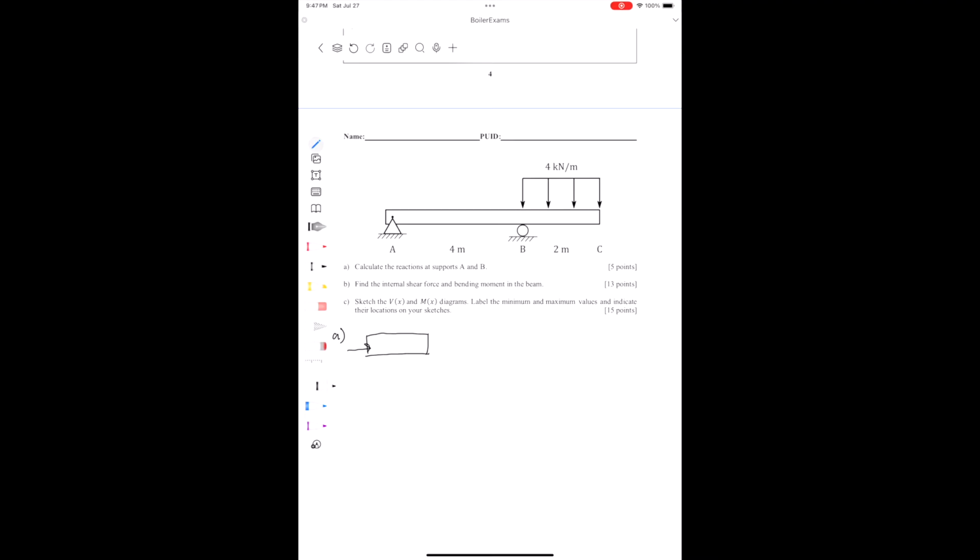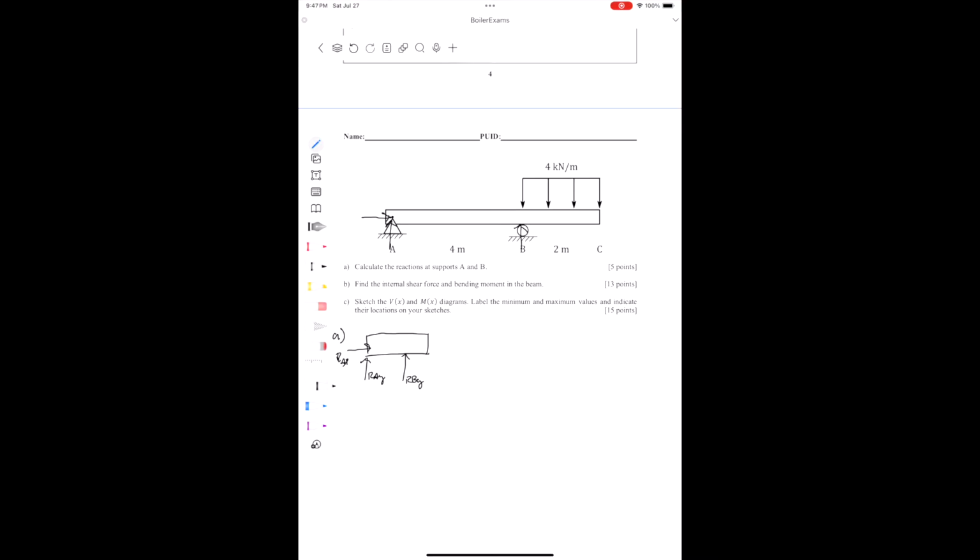So notice that we have a pin support at point A and a roller support at point B. Quick reminder that a pin support is going to have a reaction in both the X and the Y, and that the roller support is just going to have a reaction in the Y. So Rax, Ray, and then Rby.